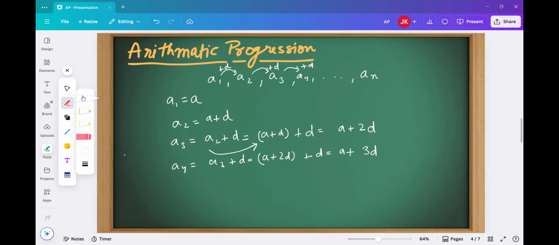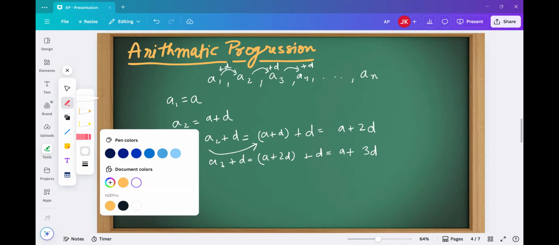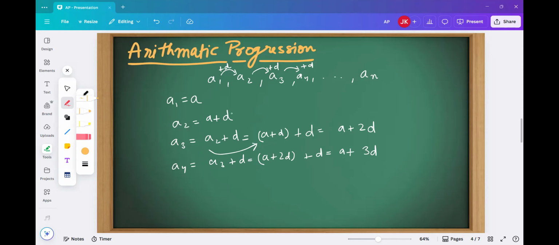Now you need to see the pattern that we are having. So what is the pattern in this one?